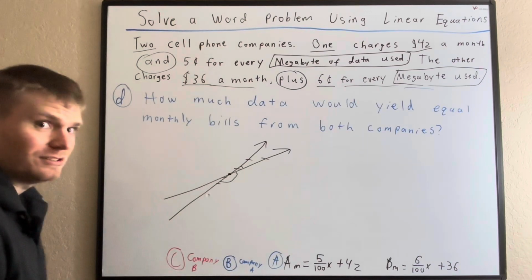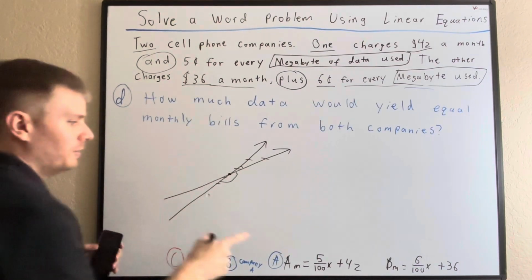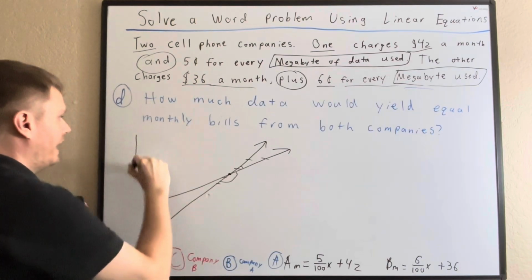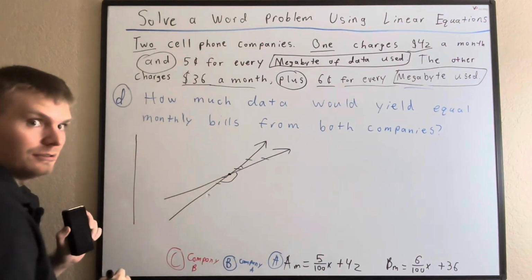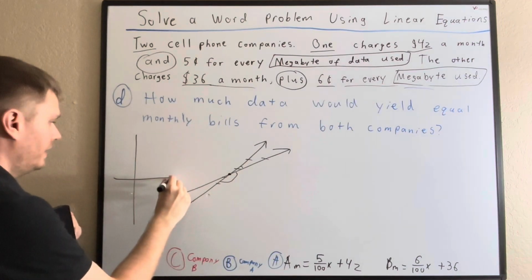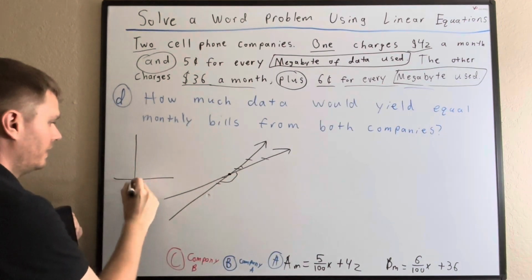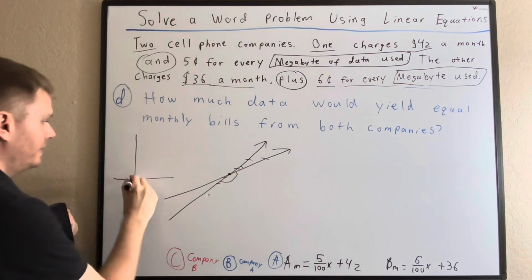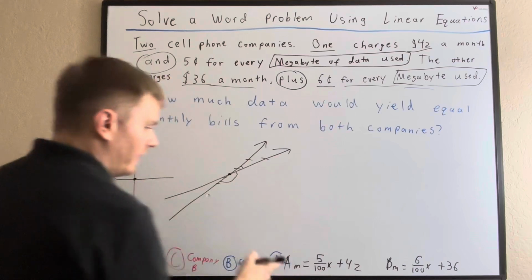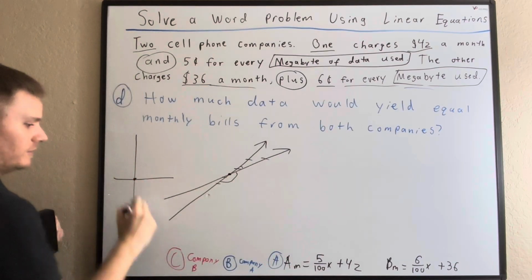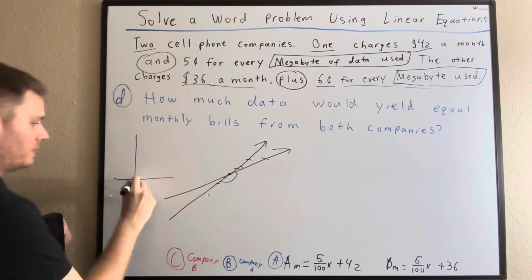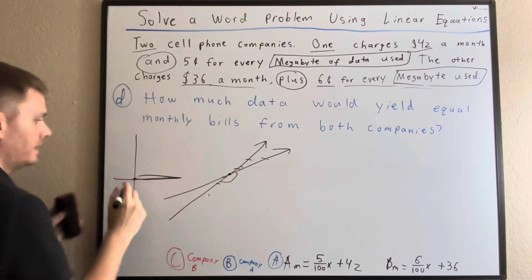Have we talked about intercepts yet? Whenever you want to figure out when a line intercepts the y-axis, what do you do? You set x equal to 0, because x is 0 all along that y-axis. And the same thing with finding the x-intercepts. You set y equal to 0, because y is 0 all along that x-axis.